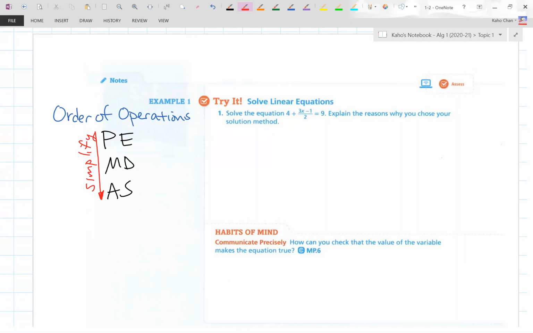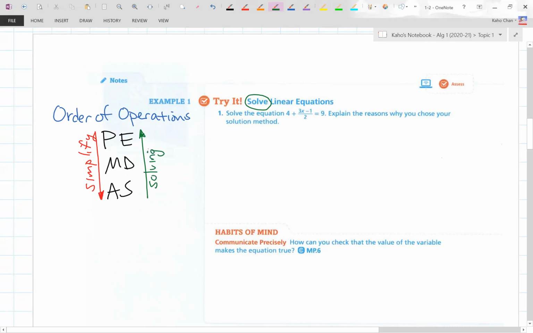However, this particular section is about solving. Solving is undoing order of operations, and we want to go backwards of PEMDAS. We're going to go add and subtract first, multiplication and division second, and parentheses and exponents last.